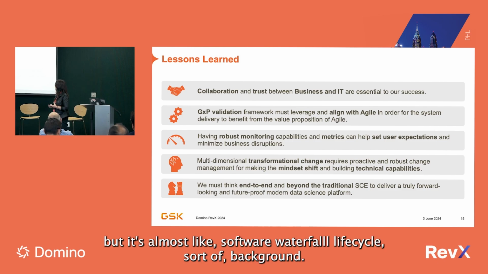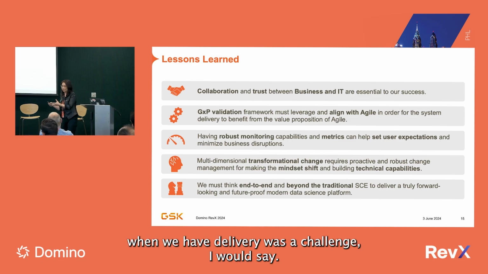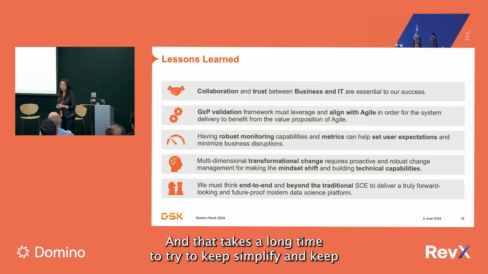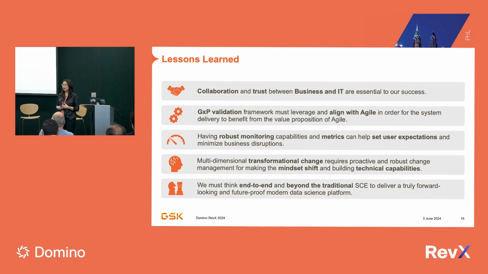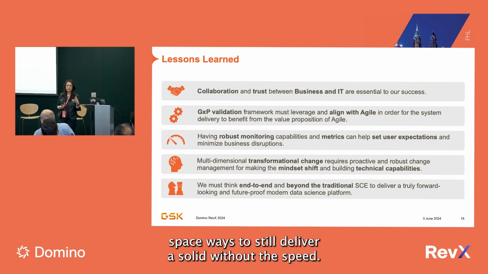So aligning that to an agile way of delivery was a challenge, I would say. It takes long tries to simplify and keep convincing the stakeholders that there are better, more streamlined, and risk-based ways to still deliver quality without losing speed.